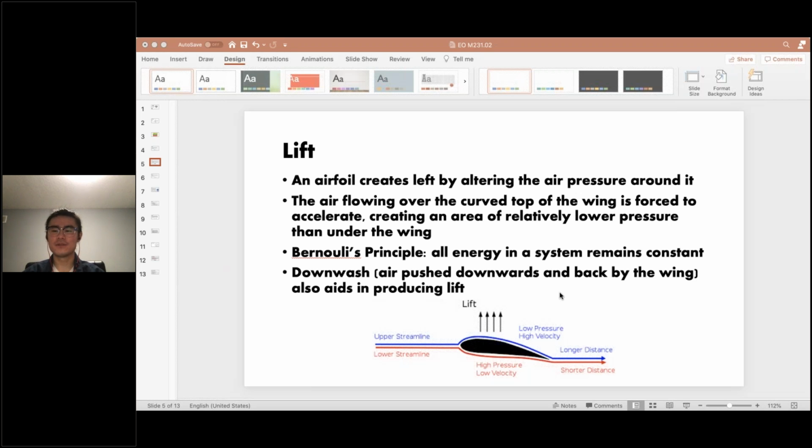If you have a suction cup, I'm sure you've all played around with suction cups as kids. Let's say you push it down on the floor below you and create a vacuum inside. If you try to lift that suction cup straight up vertically, it's going to be quite hard.